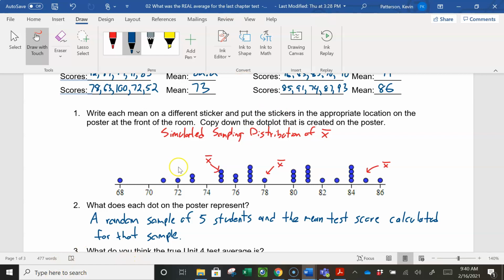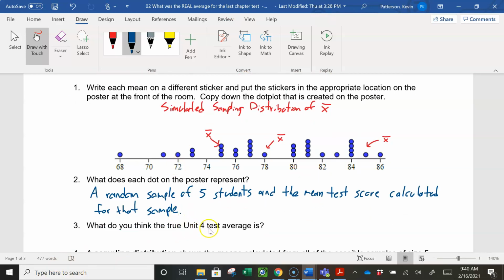Okay. So what do you think the true Unit 4 test average is? Well, we did have one sample that said the average was 68. So do we think the population average is 68? Probably not, because that was only one sample. So what we want to do is we kind of want to figure out what's the average of all these different samples, or basically where's the middle of your graph.